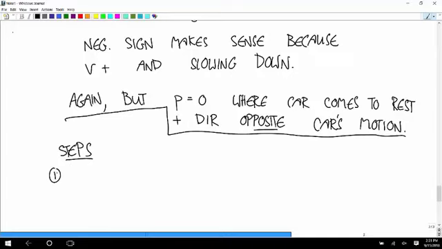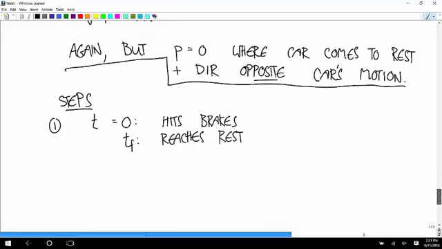So okay, the steps. First step, that's already decided. Time equals 0 is when the car hits the brakes. Time final is when the car reaches rest. Position equals 0 is the location where the car comes to rest.